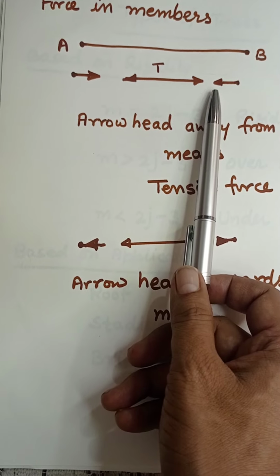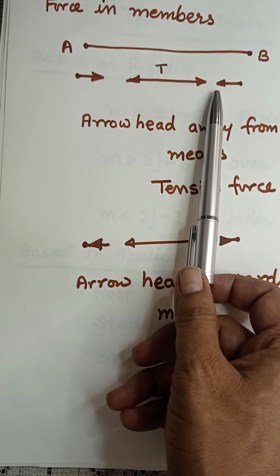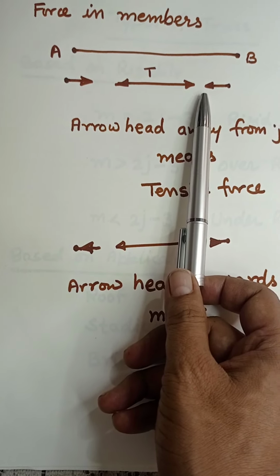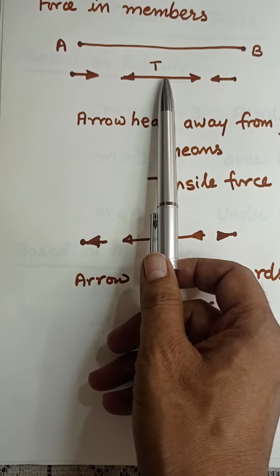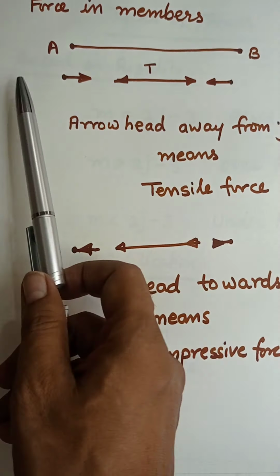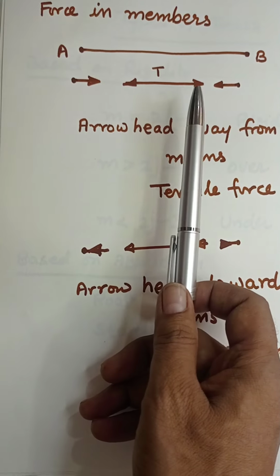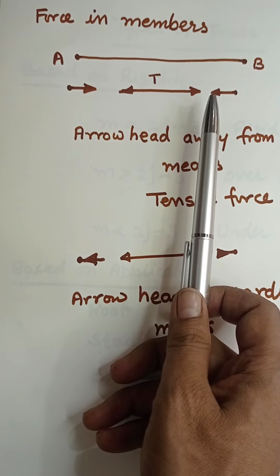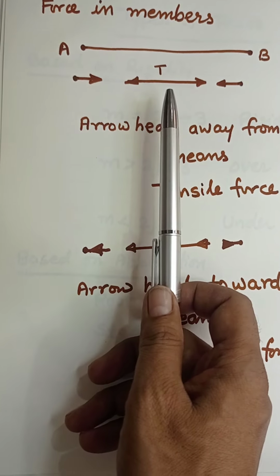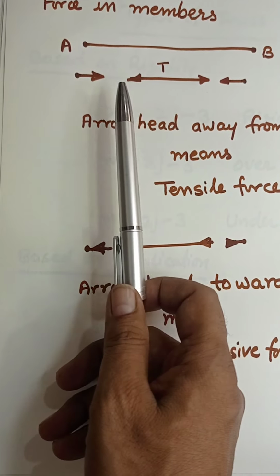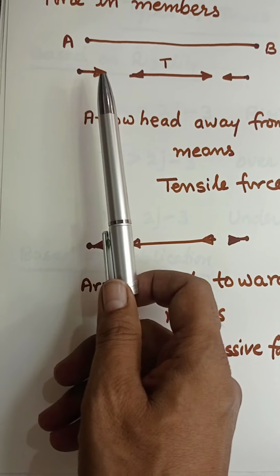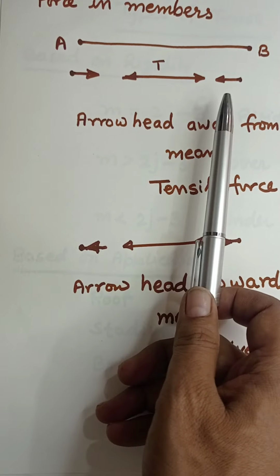away from the joint. So when we have to assume tensile force in any member, we do not show this, but we show this and this. If we show the arrowhead away from the joint, that means we have assumed tensile force in the member. We are not going to show four arrows on a member, but only forces on the joints.